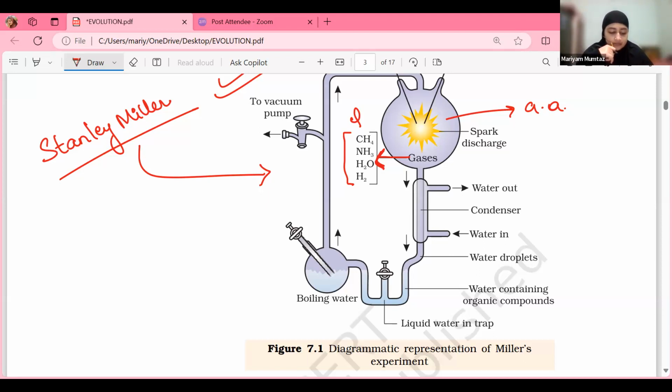Then came the sixth theory, that is the theory of chemical evolution. You can also call this theory the Oparin-Haldane hypothesis.